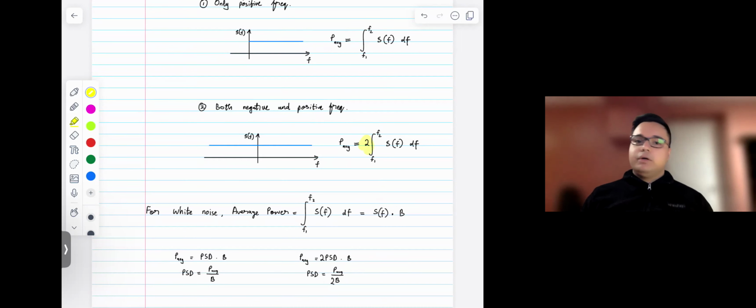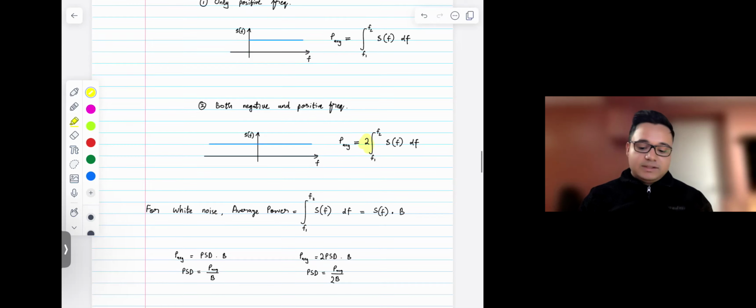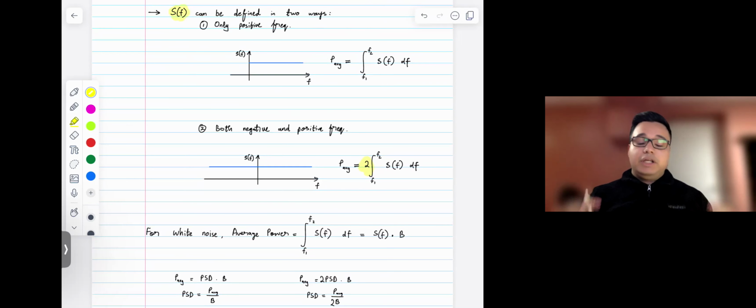So if you're doing your noise analysis and you're off by a factor of 2, or there's a factor of 2 popping out in your equations, it's worth checking which definition of PSD is being used, one-sided or two-sided, and whether there's any misunderstanding between the two during your derivation. So that's the only thing I wanted to mention related to one-sided versus two-sided PSD.